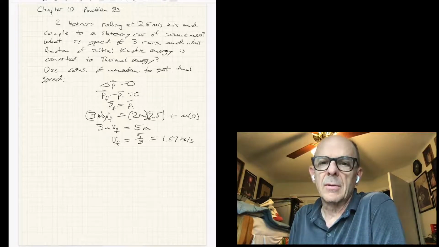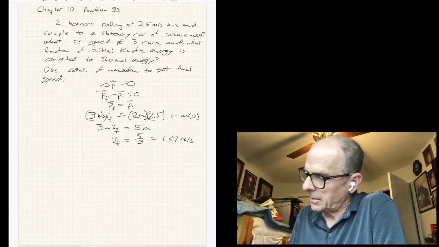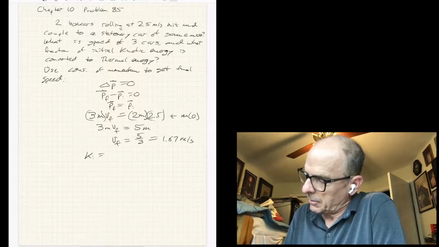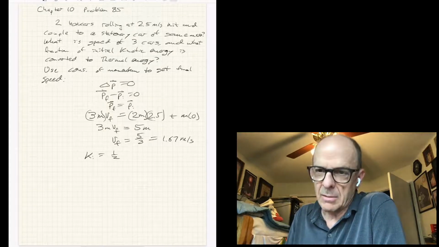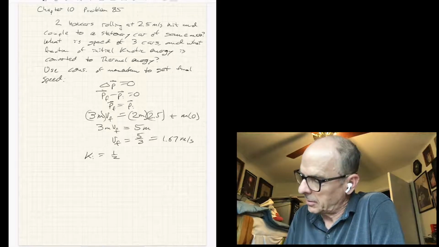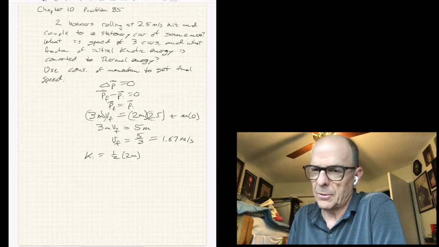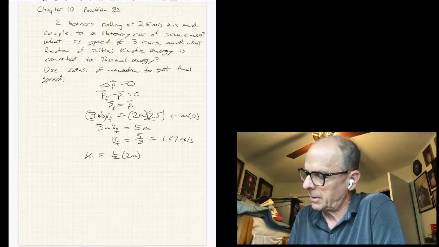Okay. So now let's calculate how much of the initial kinetic energy is converted into thermal energy. The initial kinetic energy is 1/2 times the total mass, which is 2 m's, whatever that is. I haven't given us the mass of the train car, but we'll see we don't need it. We didn't need it for the first part because the mass canceled. It's going to cancel out here too.